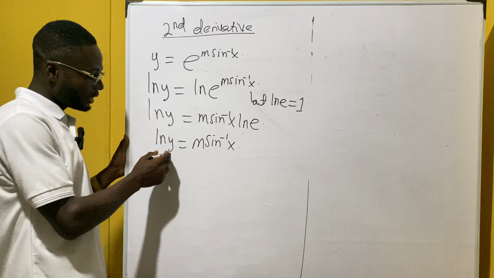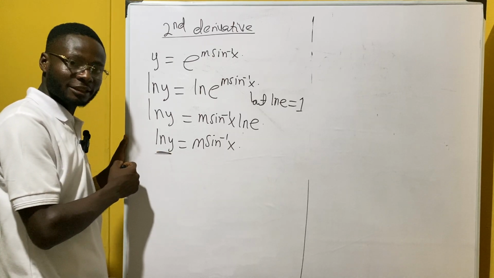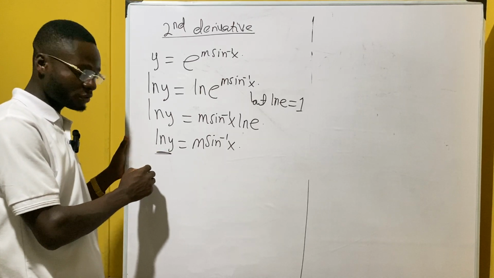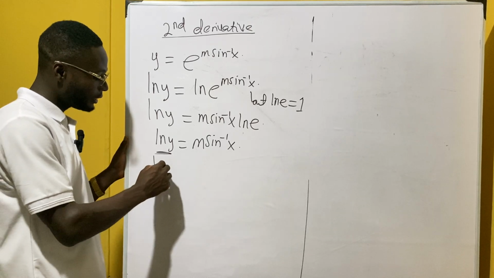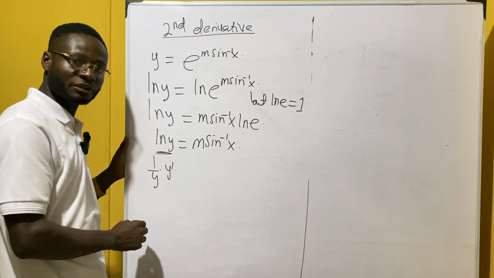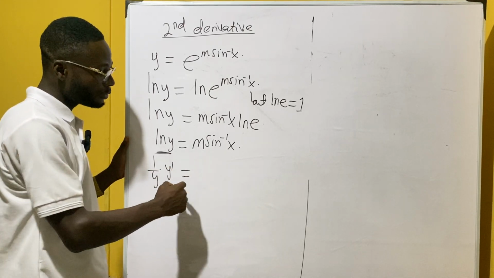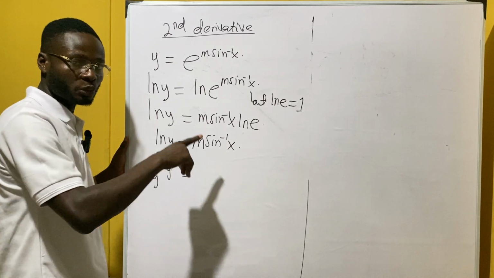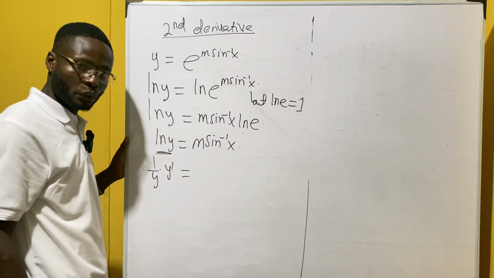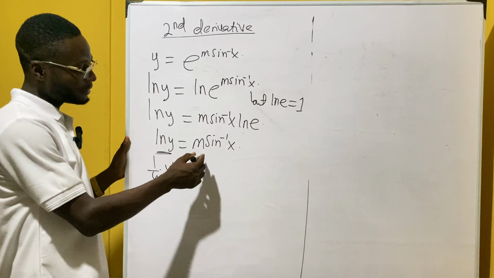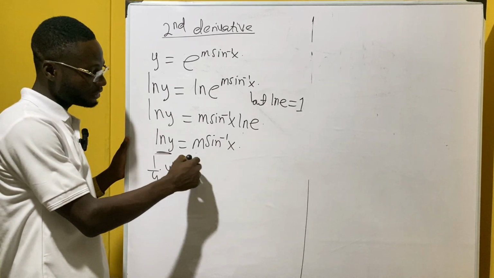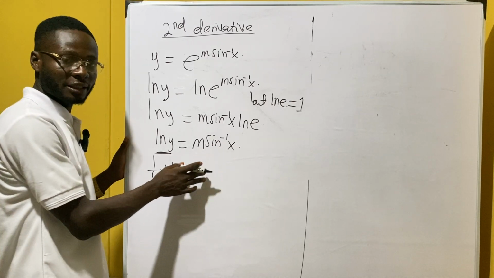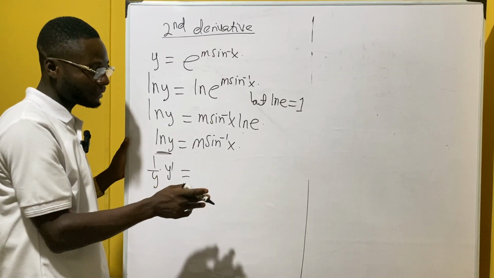So you know how to differentiate this. The differential of this is going to be 1 over y, then the differential of the inner function. This is two functions multiplying, so we are going to apply the product rule. This is a constant, so when you differentiate, it will be 0. 0 times anything is 0, so we don't mind the first part.